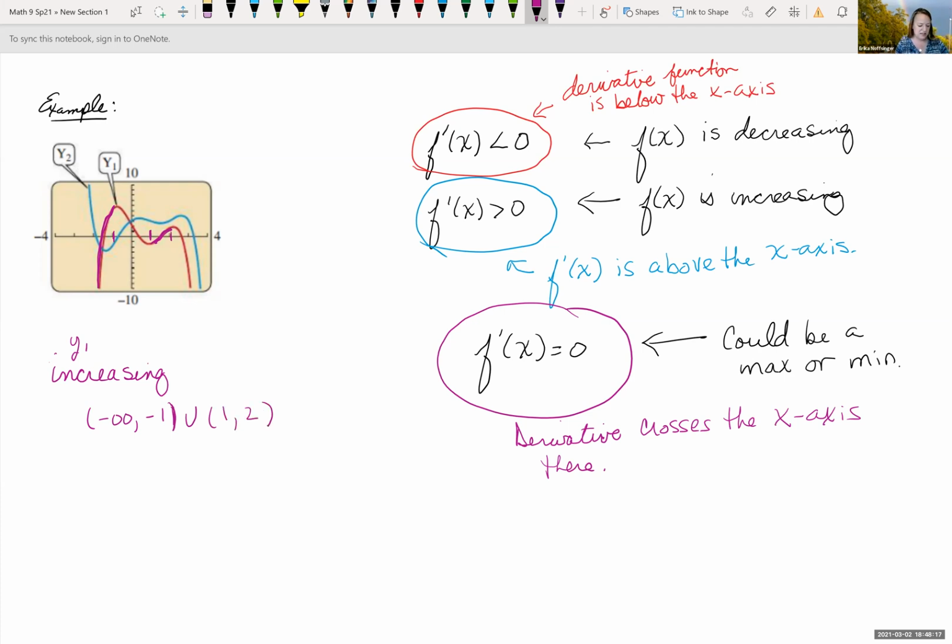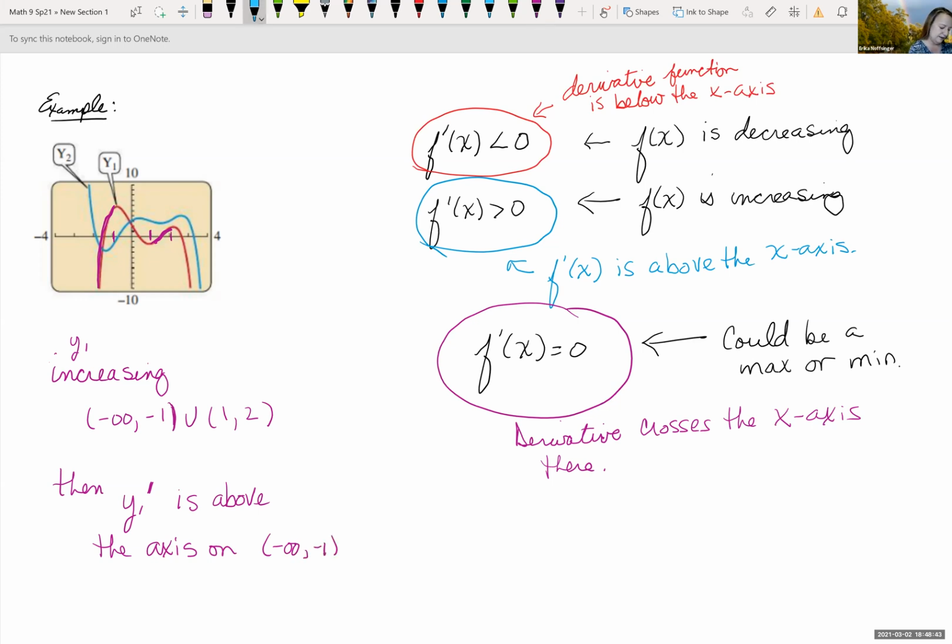Well, that would tell me then that my derivative function, y sub 1 prime, is above the x-axis on negative infinity to negative 1. So let's just look at that.